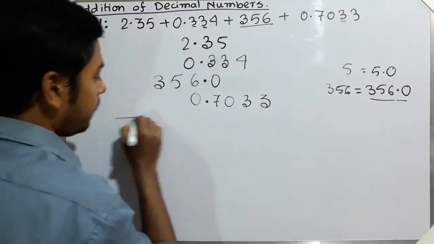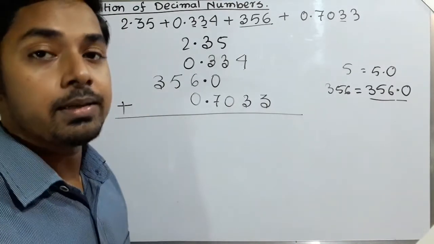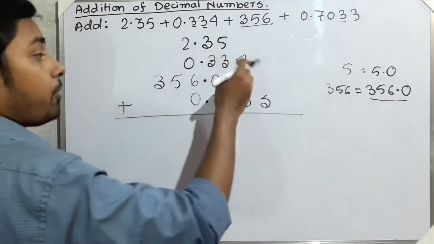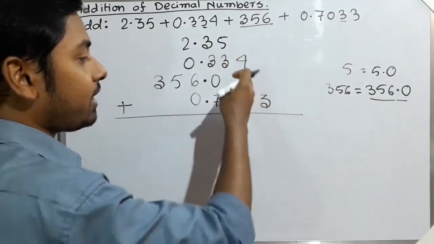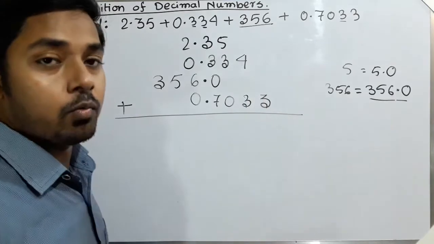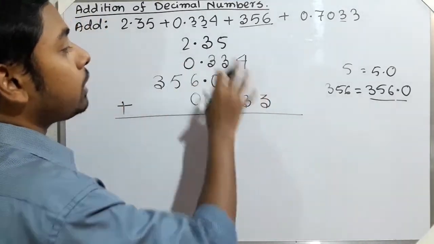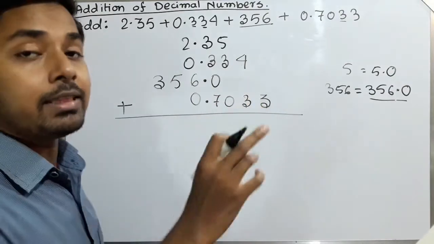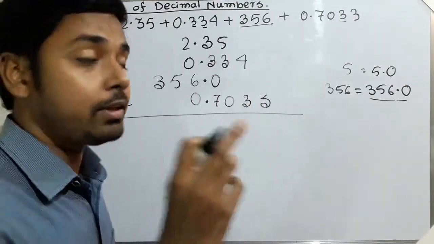Now you have to add these decimal numbers. But after arranging till here, you have to fill all the blank spaces with 0.